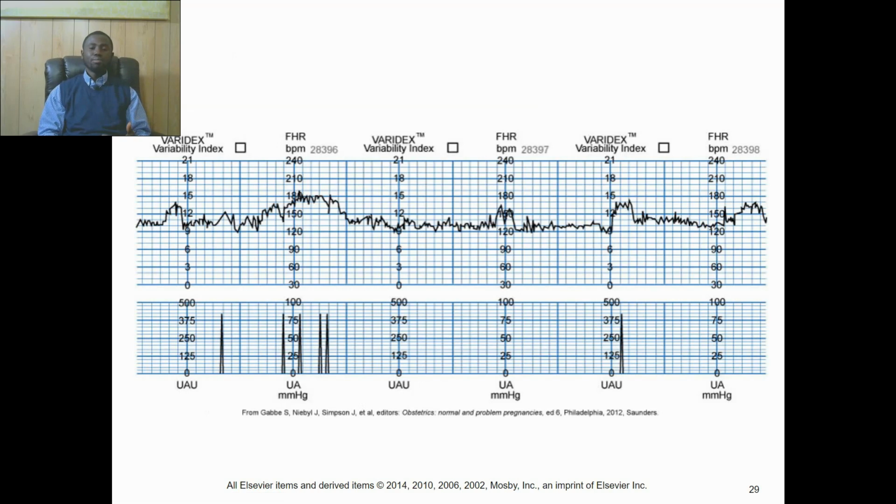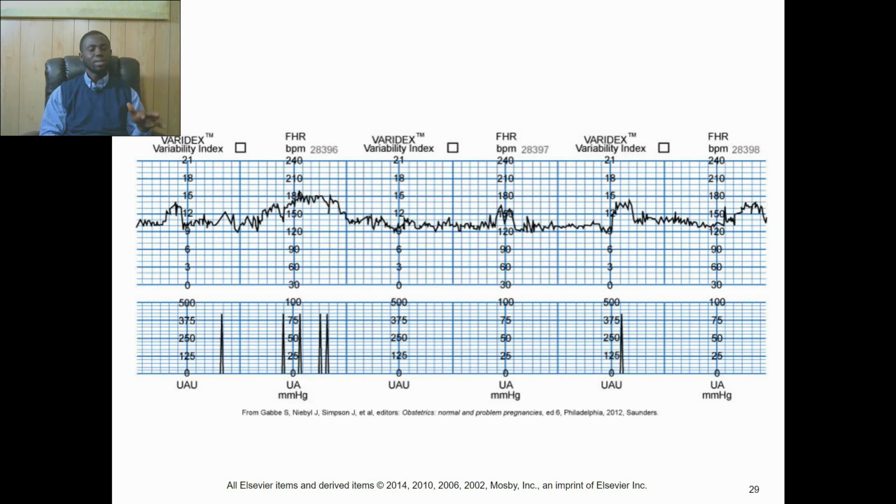The test can be classified as reactive or non-reactive, and a reactive test is when there are 2 accelerations in a 20-minute period, each lasting at least 15 seconds and peaking at least 15 beats per minute above the baseline.